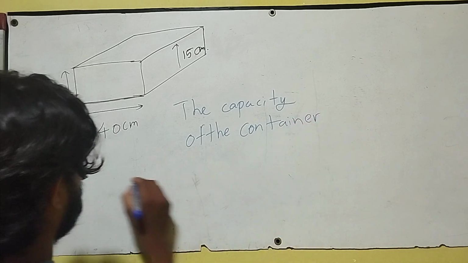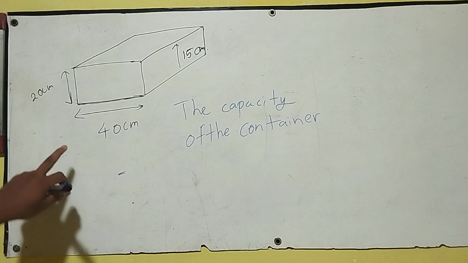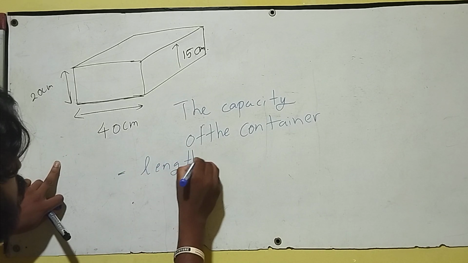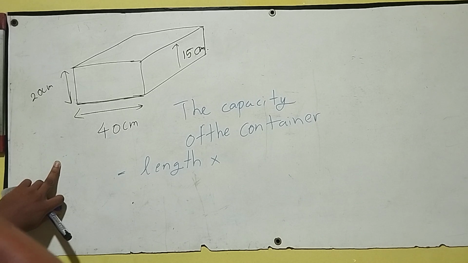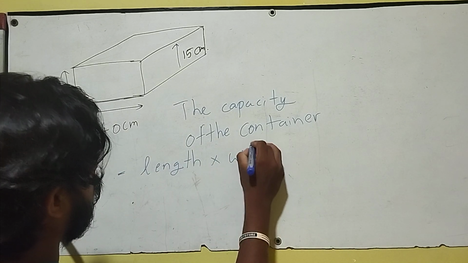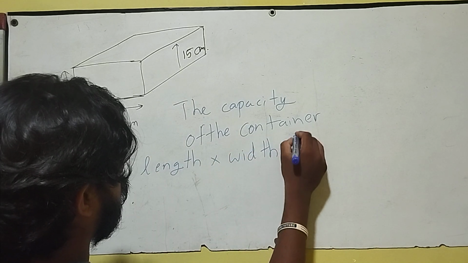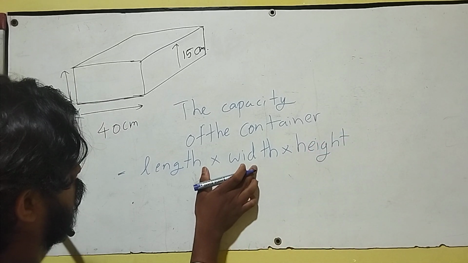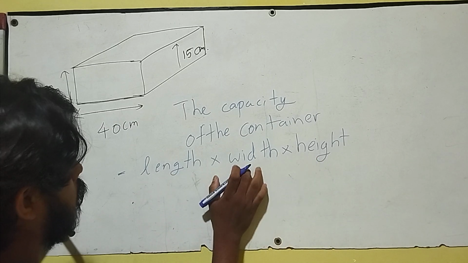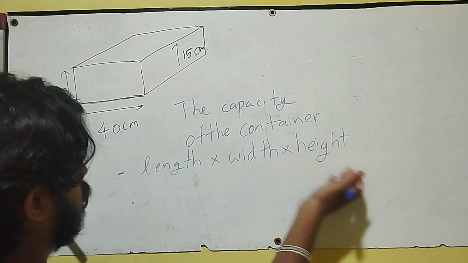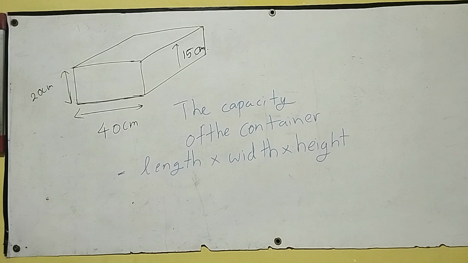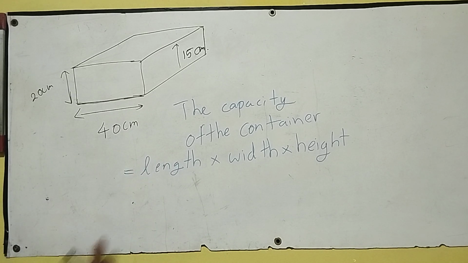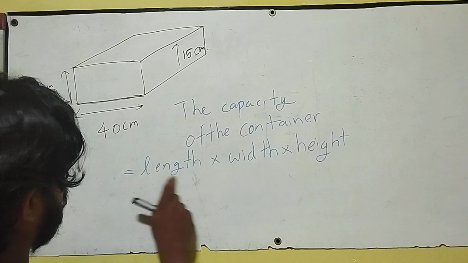How do we find it? Now we know length multiplied by width or height. Anything. Length, height, width, or length with height. You can multiply in any order. This is not necessary respectively.